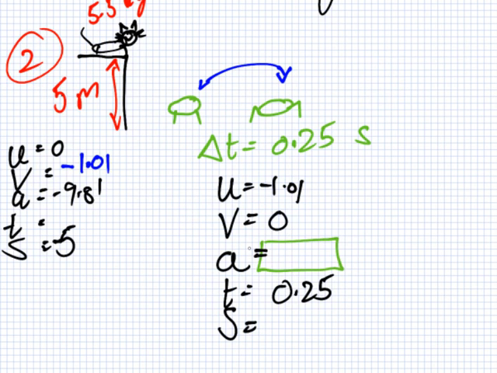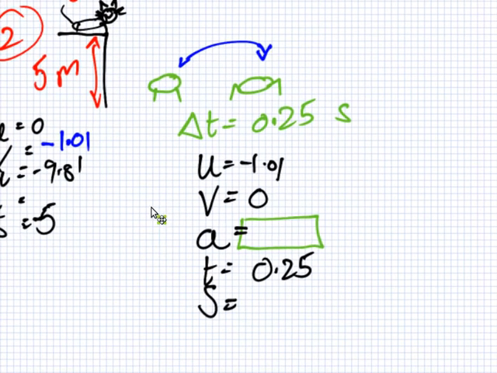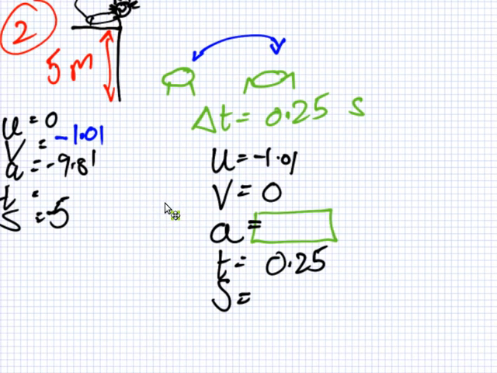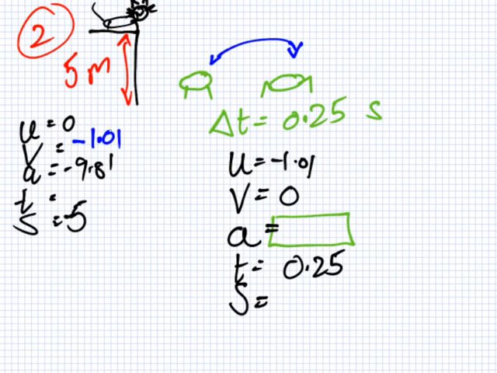What did you get, Amanda? 9.9 meters per second, because I got the wrong time. That's okay, I will check.